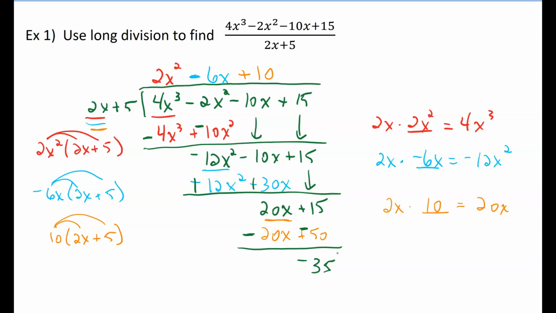It cannot. So what does that make that negative 35? That's the remainder. So just like we did with the integer division, I'm going to take that remainder and add it on up here. So it's going to become minus 35 all over 2x plus 5. And there is our final answer.